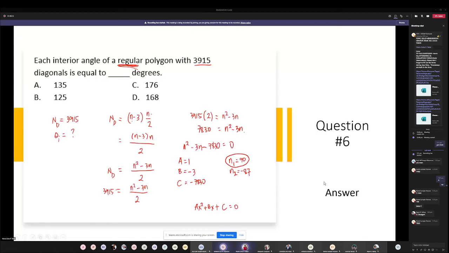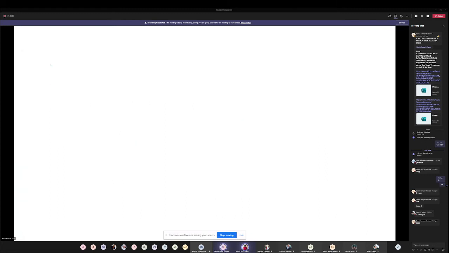Okay, so again, we already have n, the number of sides, which is 90. So solve now for theta sub I, the measurement of each interior angle. You have two options.